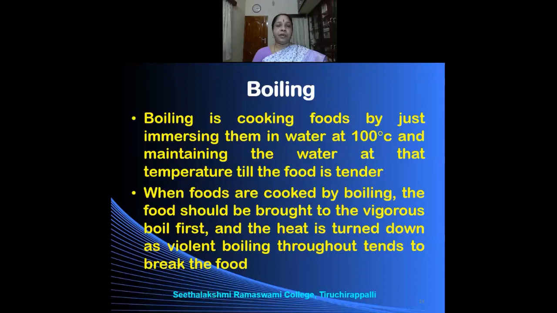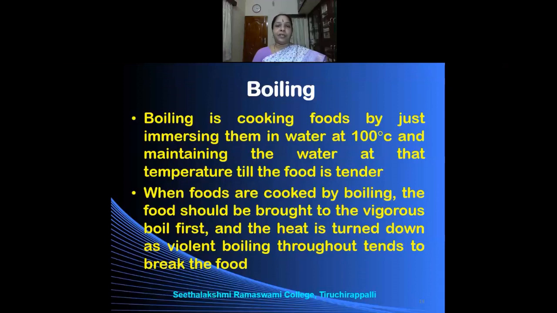We don't use a thermometer to measure the temperature in our home, but when we see that bubbles arise from the bottom of the utensil and steam arises from the surface of the water, we consider it as boiling. First, in the boiling method of cooking, water should be brought to the boiling temperature, or the water starts boiling in the vessel.